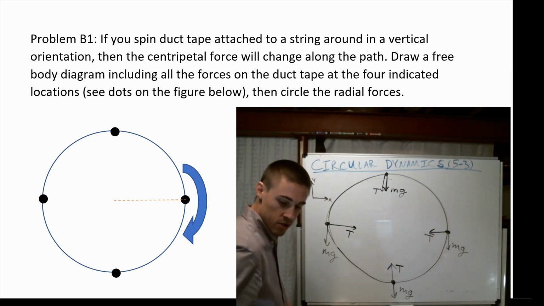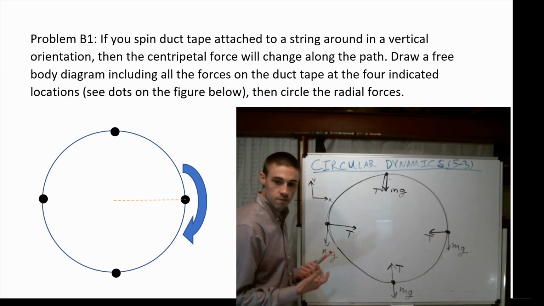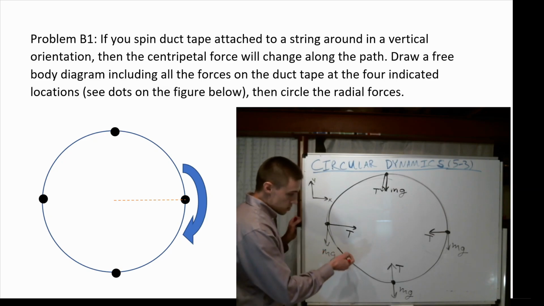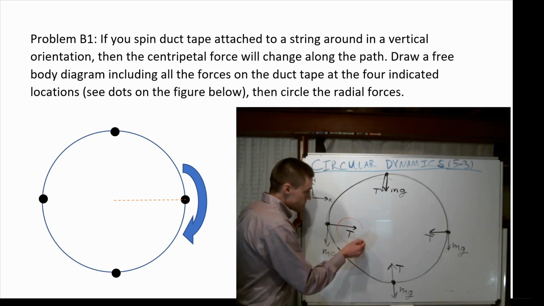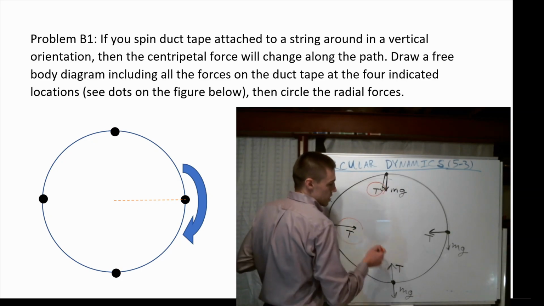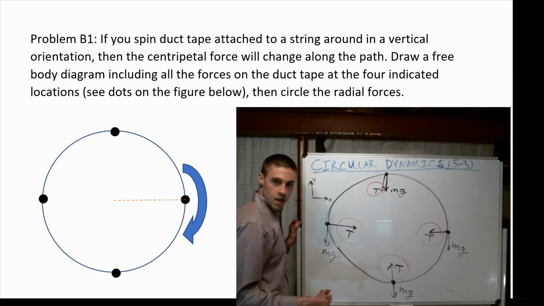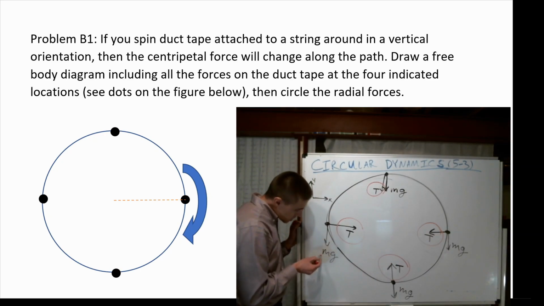So the final part asks you to circle all of the radial forces at these 4 different points. Well, tension is always acting radially, so you can circle tension in every case. What about the weight? Well, the weight is completely tangential on the sides here.